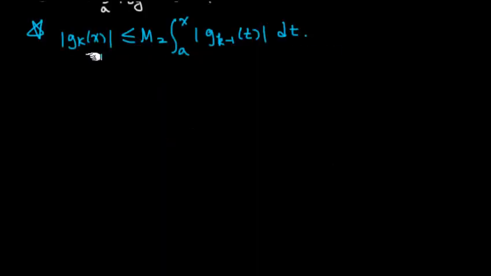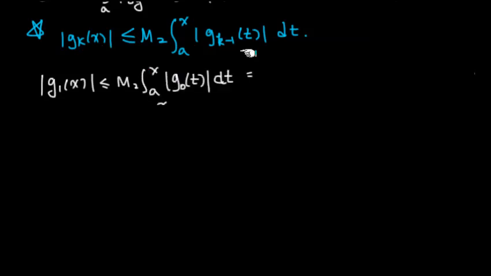So I copy the statement over here. This is the kth term of the y expansion, and this is the k minus first term. We're going to start from g1, and from there we calculate g2 and inductively claim how gk looks.